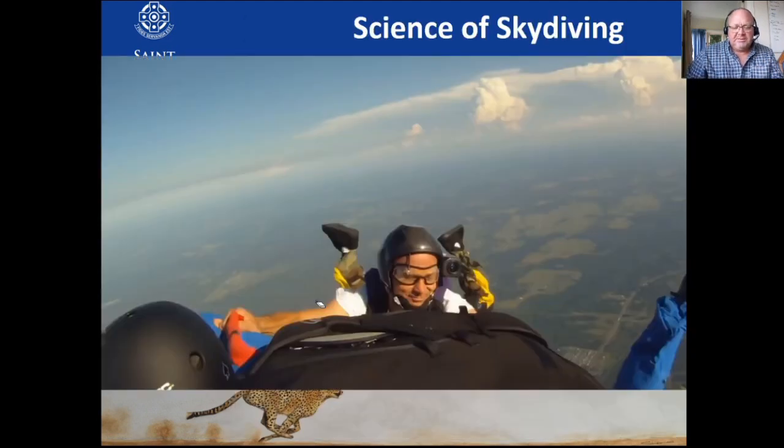Okay, so the science of skydiving. Now, this is really important because a lot of us have seen skydiving videos, and when the guy opens his parachute, it looks like he's going up, but he's actually not going up, because what you need to remember, even in this picture, there's 3 skydivers.